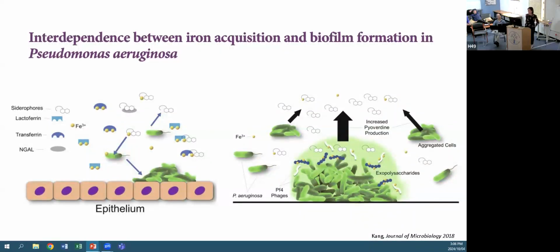In the picture on the right, Pseudomonas biofilm increases pyoverdine production, which is an important siderophore, and stores excess iron in the biofilm. When bacterial iron acquisition systems are upregulated, both uptake and in vitro activity of Cefiderocol increases. So therefore, Cefiderocol may be particularly useful against biofilm-forming bacteria by capitalizing on their enhanced iron uptake.